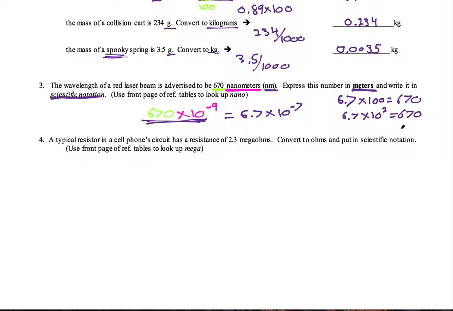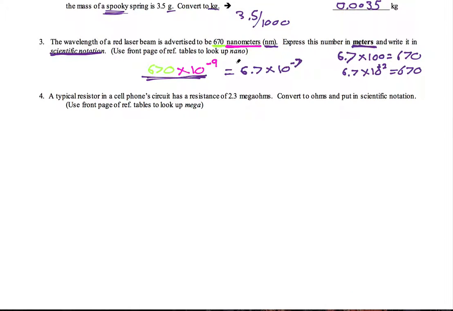So if I want to go from 6.7 to 670, I have to multiply by 10 to the +2, right? If I want to go the other way, it's got to be a -2, and so we end up with 6.7 times 10 to the -7th as our final answer there.